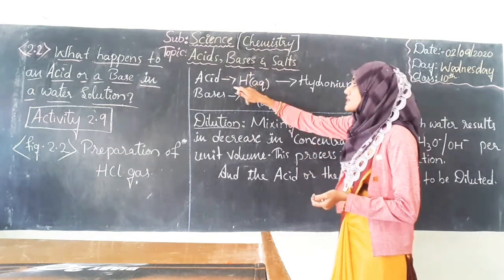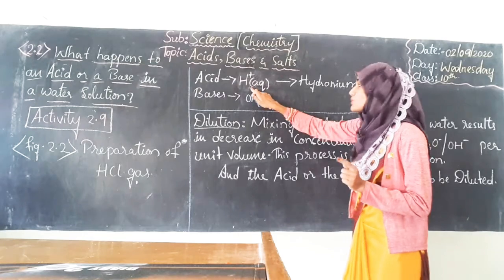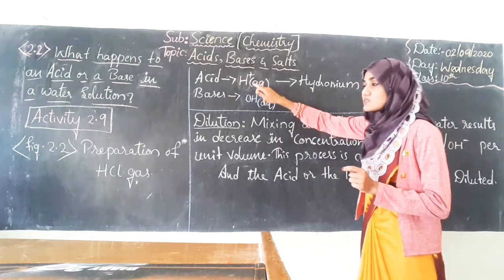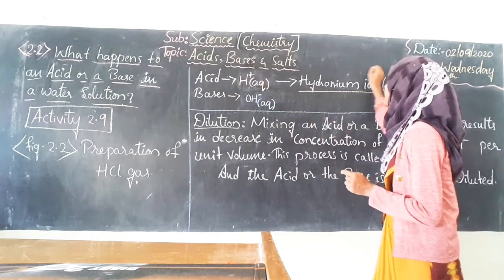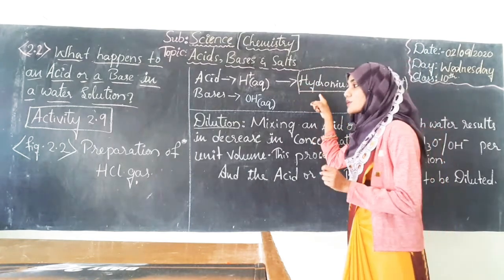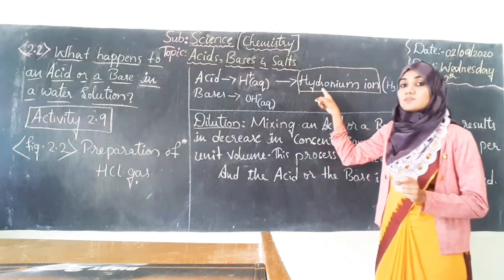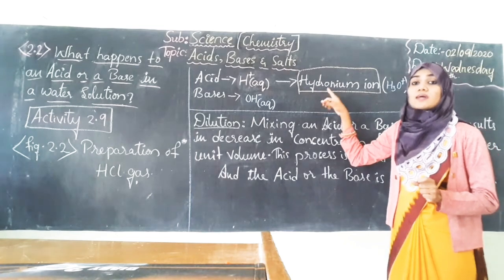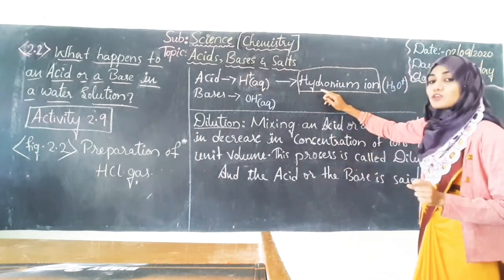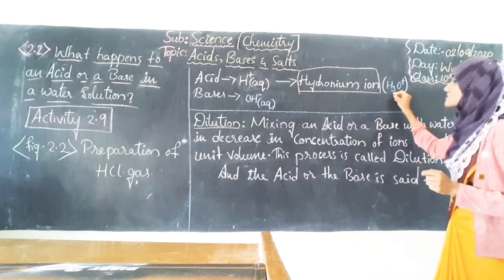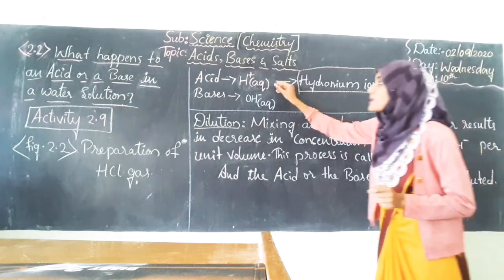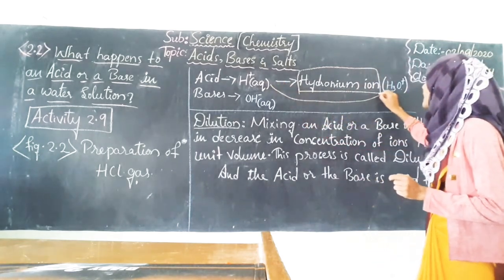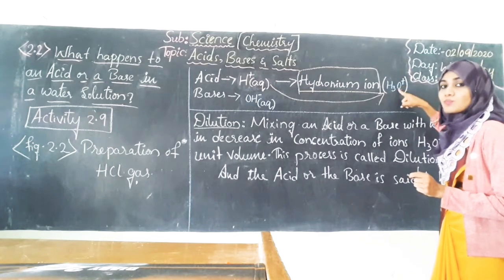And one more thing students, this H+ aqueous ion is also known as hydronium ion. It's a 1 mark important question, and in the examination it has been asked so many times. What are hydronium ions? The molecular formula for hydronium ion is H3O+. Both are the same, H+ aqueous and H3O+.